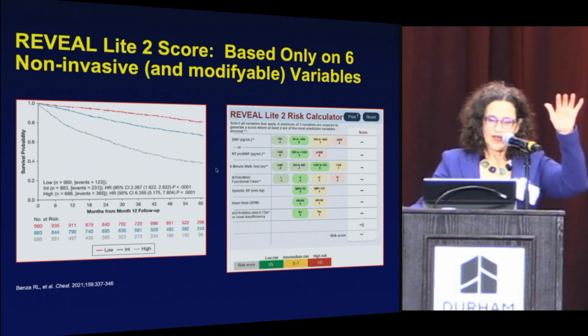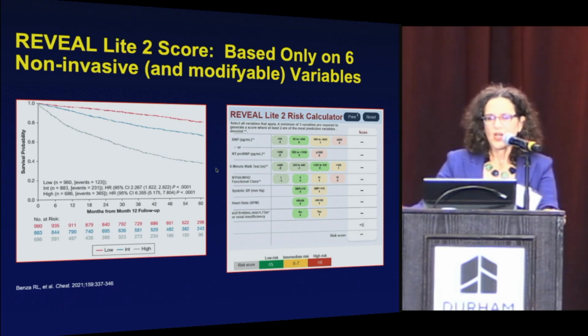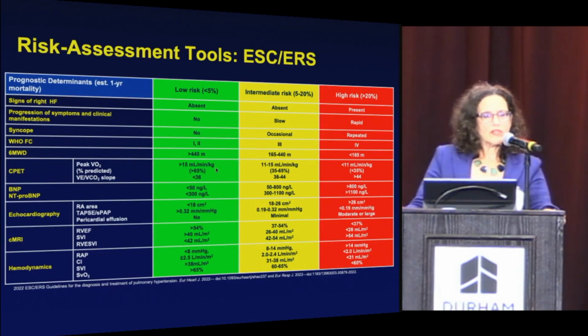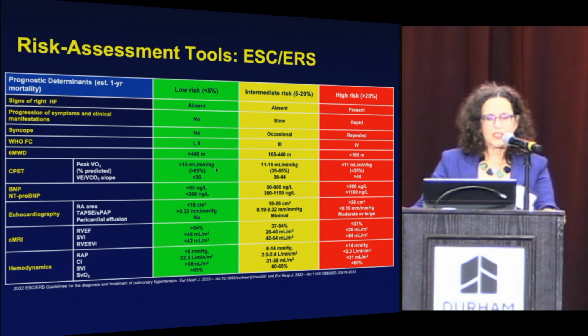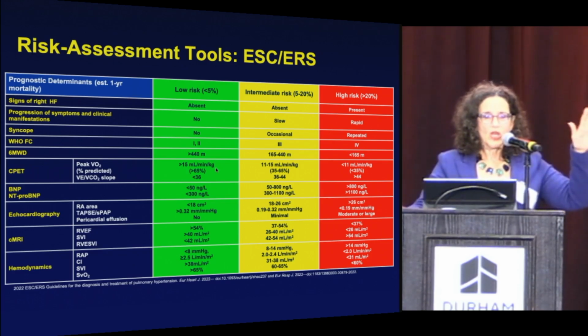And it is delineated into low, intermediate, and high risk. So obviously a very good tool. The Europeans have approached it a little bit of a different way, and this particular table has undergone modifications over the years based on emerging evidence. And you all have seen this a million times.